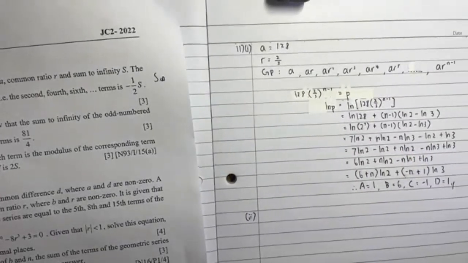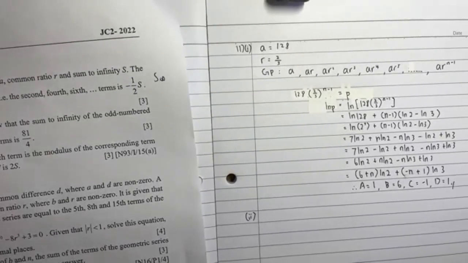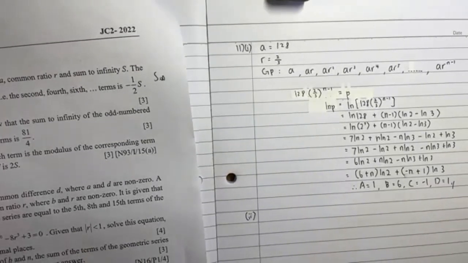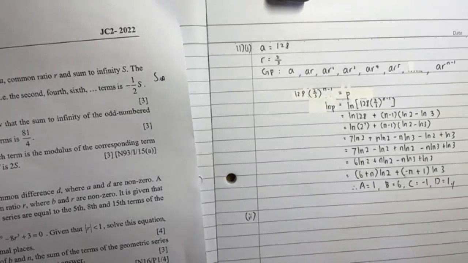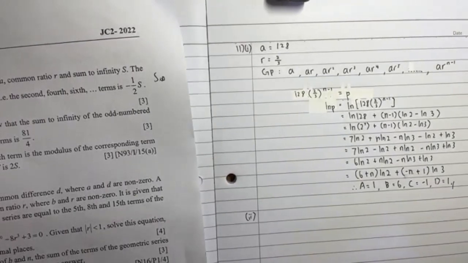So that the total length of string cut off can never be greater than 384. Do I use Sn or S infinity? I want you to make a guess first and defend that guess. What is your guess?